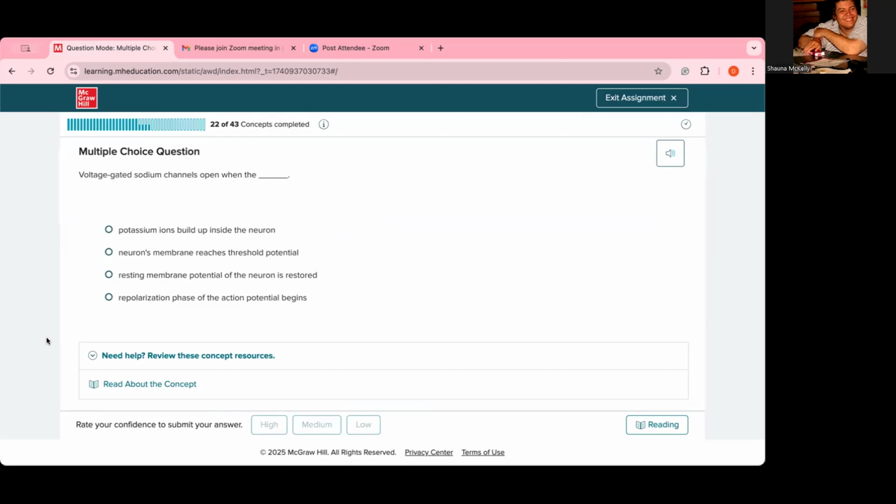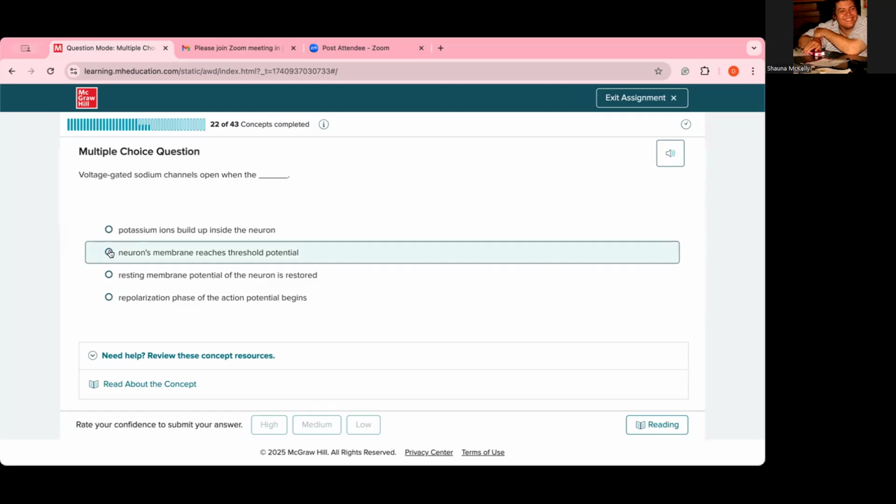Voltage gated sodium ions open when the... I would say the neuron's membrane reaches threshold potential, because we didn't read anything about potassium.